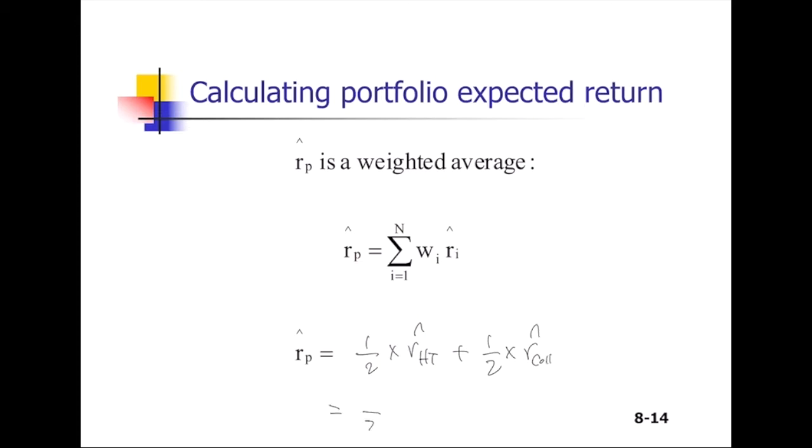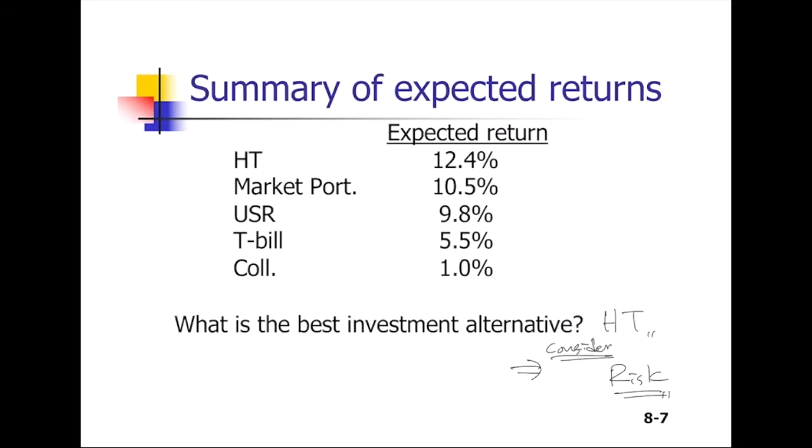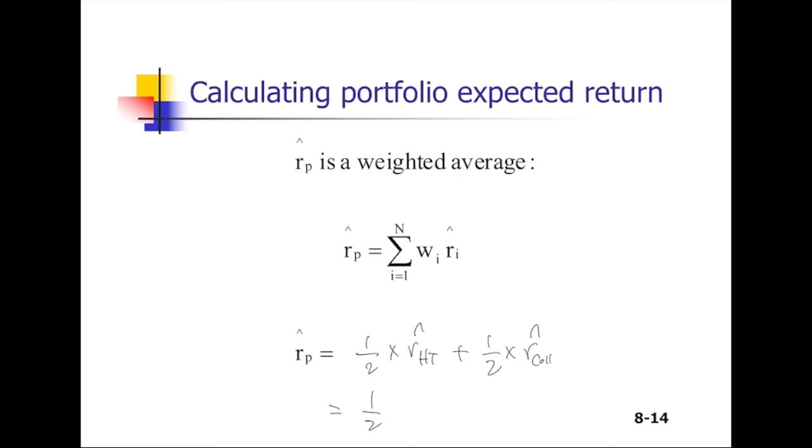We already calculated these at this slide here. High-tech company 12.4% and collection agency 1%. So input the numbers: 1/2 times 12.4% plus 1/2 times 1%. So finally you get 6.7%.